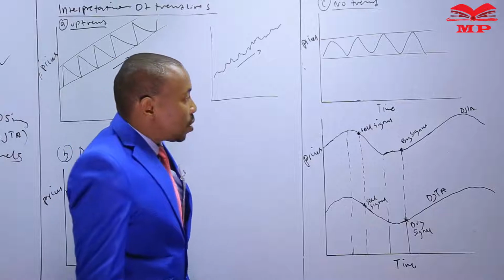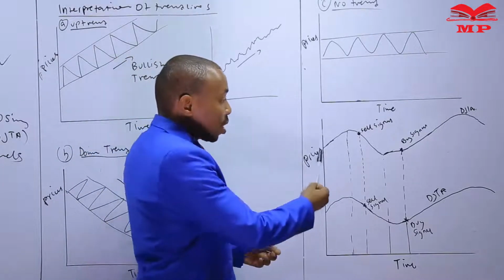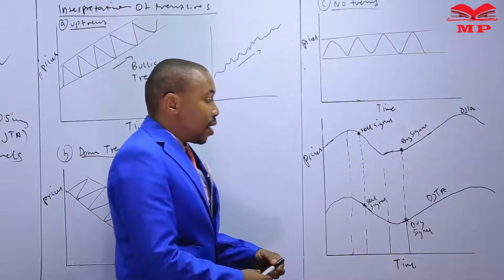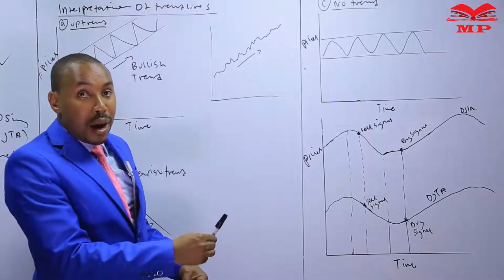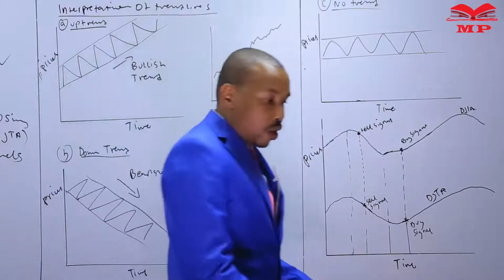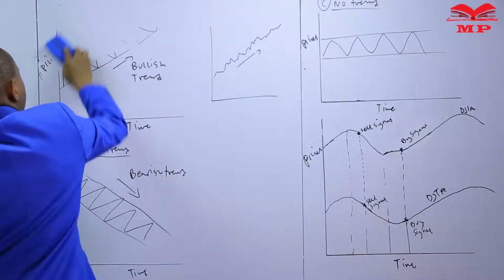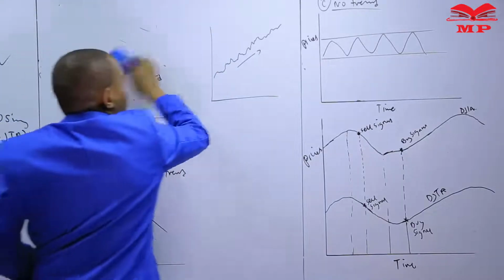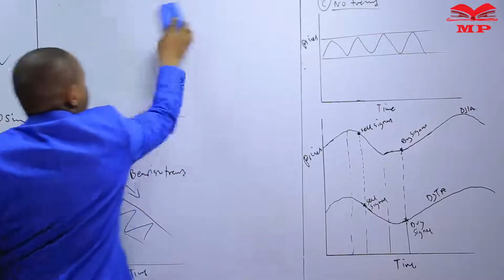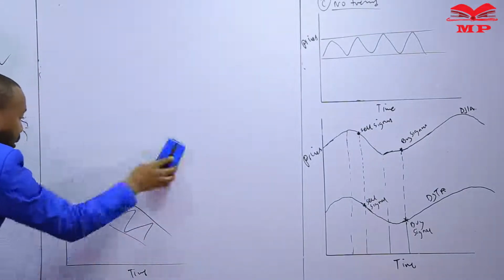Now, there are times when the Dow Jones Industrial Average is moving down and the Dow Jones Transportation Average is moving up in the opposite direction, and then there is no indication of any trend. So I need to highlight that in writing right here.